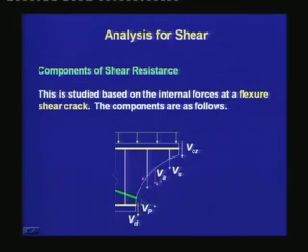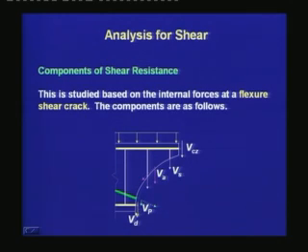Next, since the crack traverses the stirrups, they carry shear after the cracking of concrete, and that is represented by Vs. The crack surface is not smooth, it is an irregular jagged surface, and there, due to the interlocking of the aggregates, we have a component called aggregate interlock, and that is denoted as Va.